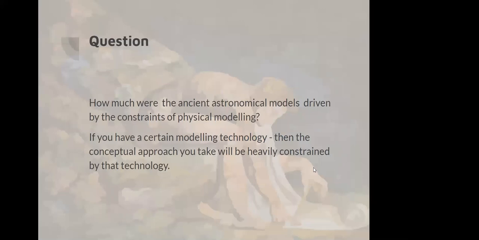Now, one thing which is worth considering is how much these astronomical models of the ancient astronomers were driven by the constraints they had in terms of the types of physical modeling they could do. If you've got a certain modeling technology, then the conceptual approach you'll take will be heavily constrained by that technology. You see shifts in the conceptual approach that people take as their modeling tools evolve.